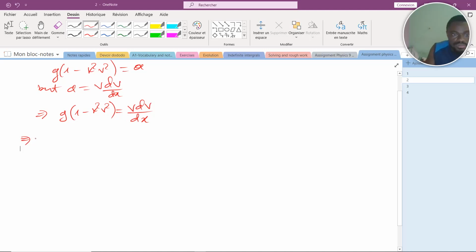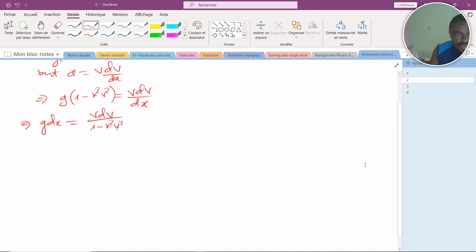So this becomes g dx equals v dv over 1 − k²v². Is that okay?